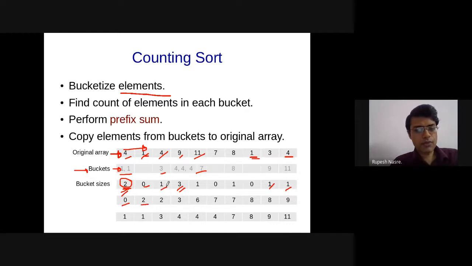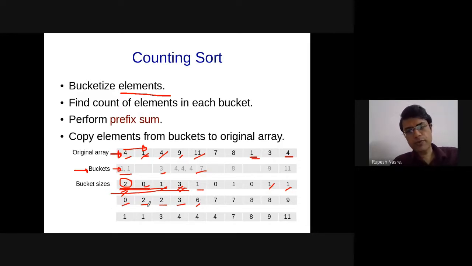For 1, the sum of 2 and 0 is 2. For 3, the sum of 2, 0, 1 is here, and so on. Right? For 1, it is going to be all of these 4 numbers, which is going to be 6, and so on. So that is how we compute a prefix sum, which can be done again as a linear pass, linear in terms of the size of the array.